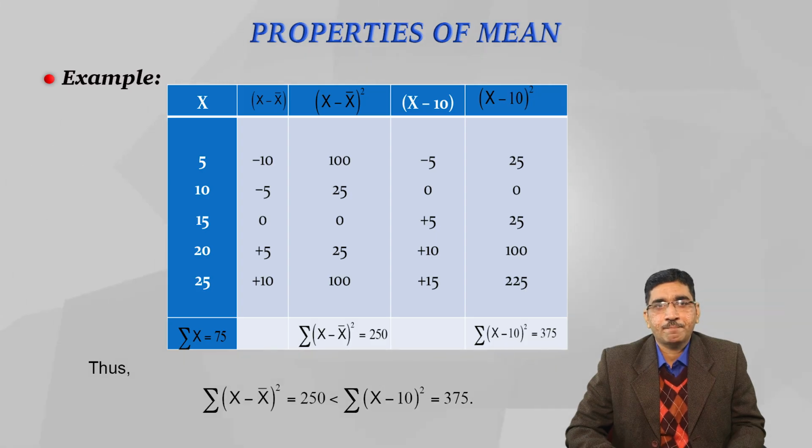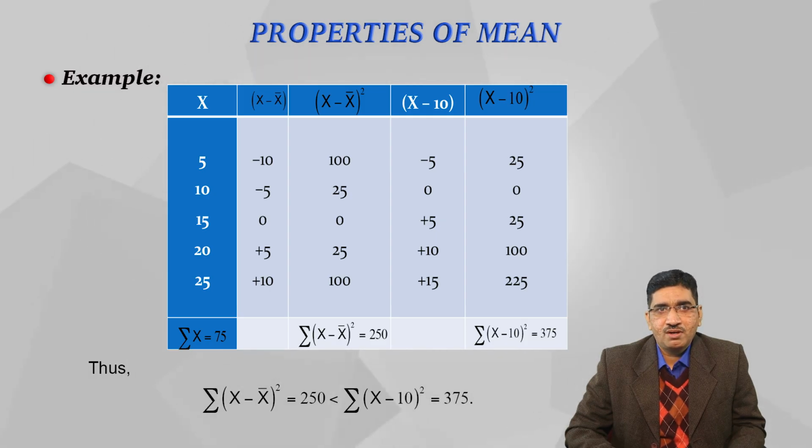So 15 is the arithmetic mean, and if we take the deviations from the arithmetic mean for each and every value, it is minus 10, minus 5, 0, plus 5 and plus 10 in the second column. In the third column we take the square of these deviations. So that will become 100, 25, 0, 25 and 100, and the sum of all the squares of deviations is 250.